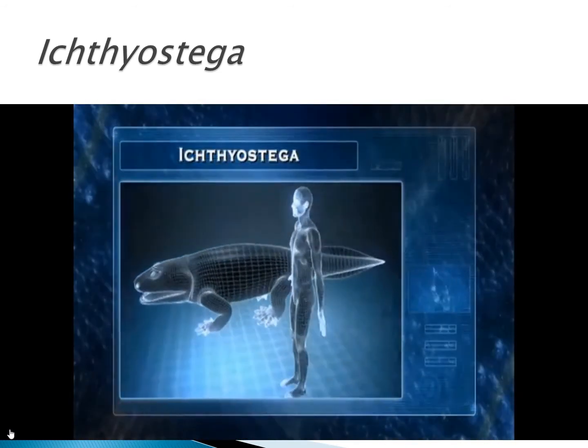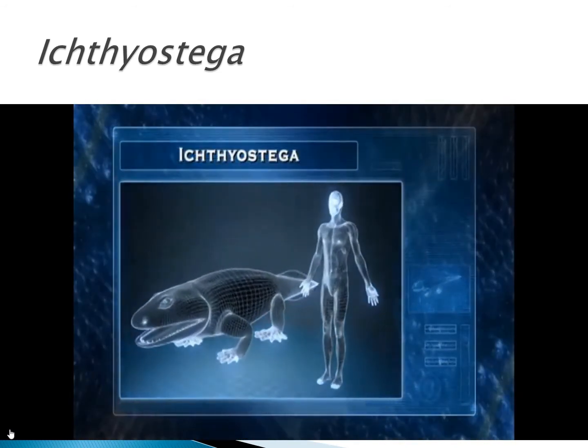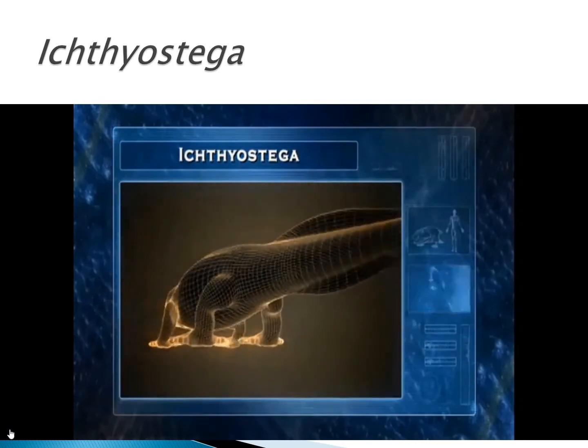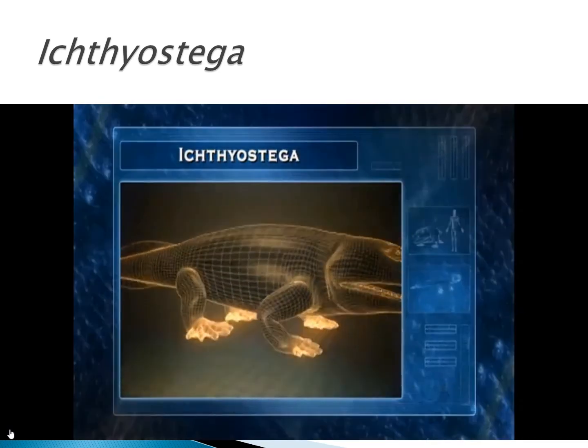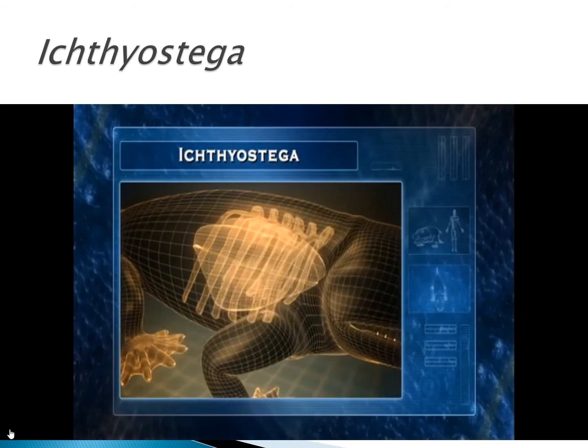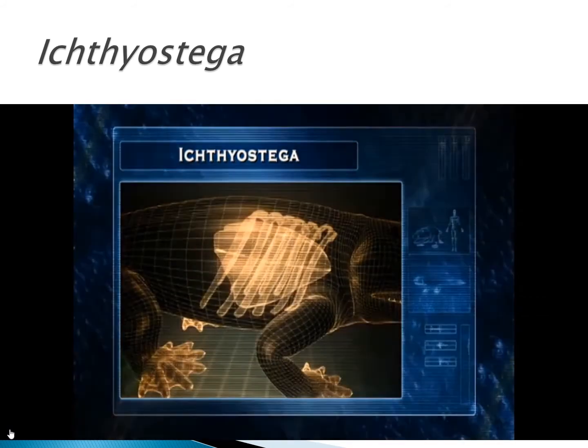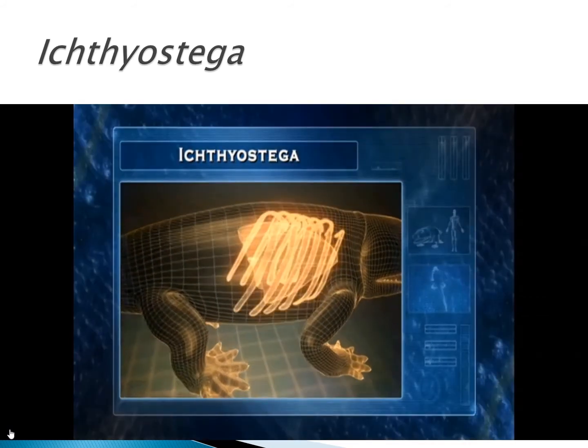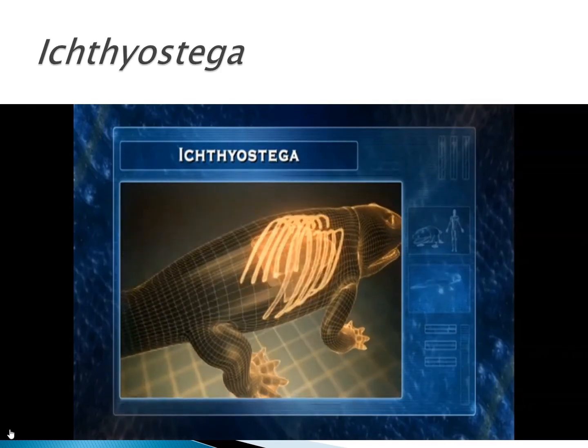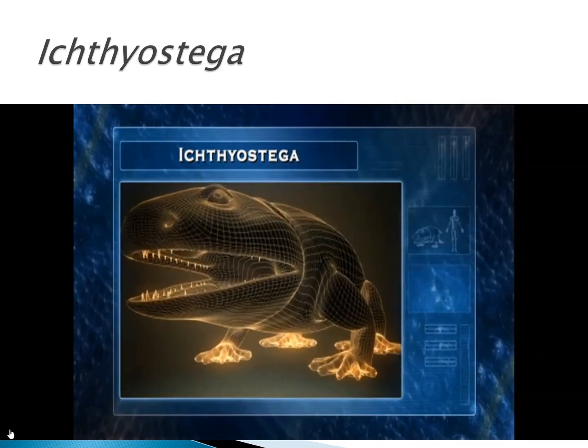Its ancestor Tiktaalik used both gills and lungs for respiration. Ichthyostega only uses lungs. A sturdier rib cage supports his body when out of water, relieving pressure on the lungs. That means Ichthyostega can draw much deeper breaths than Tiktaalik.